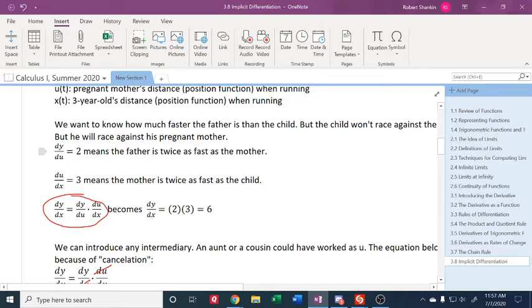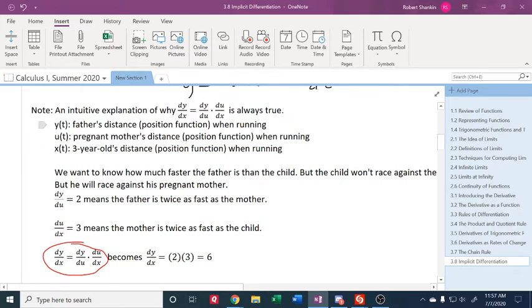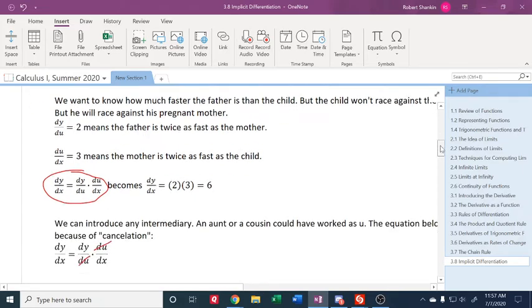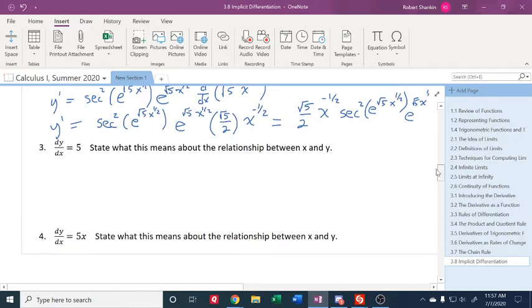It means the father is 6 times as fast as the child. Okay, so now let's come back to here. Dy dx is 5. We don't know. X might not represent a child's speed or child's position function and so on.